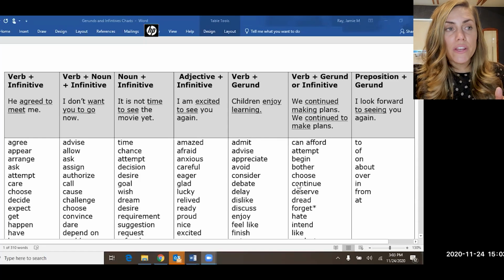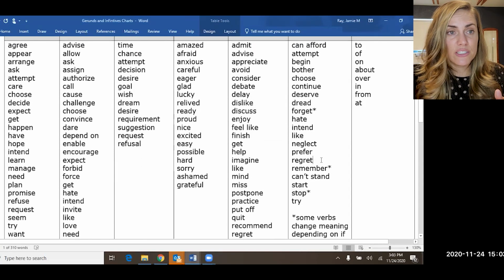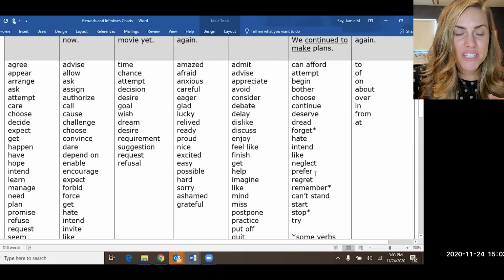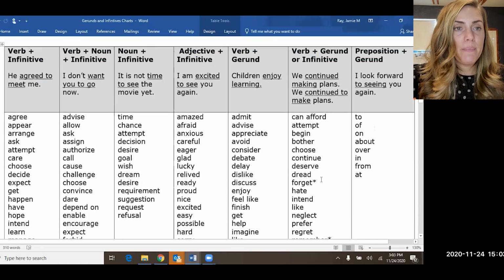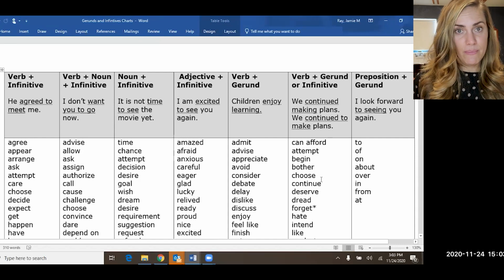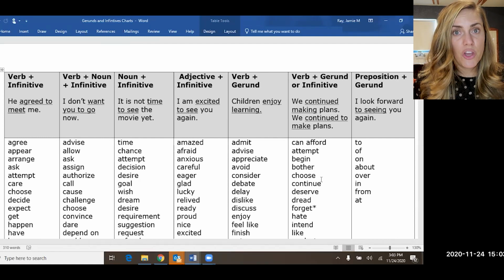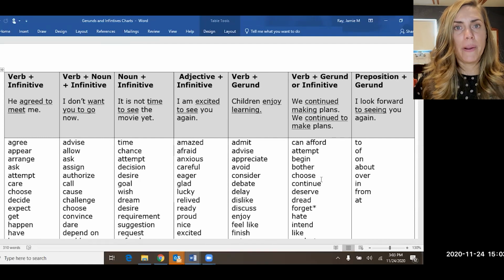But let's not forget, we have plenty of verbs that can take a gerund or an infinitive after them, and they are here, okay? There's plenty more, this is just a short list, but something you can start with. Now, the easiest thing, in my opinion, is to remember that gerunds also come as objects of prepositions.